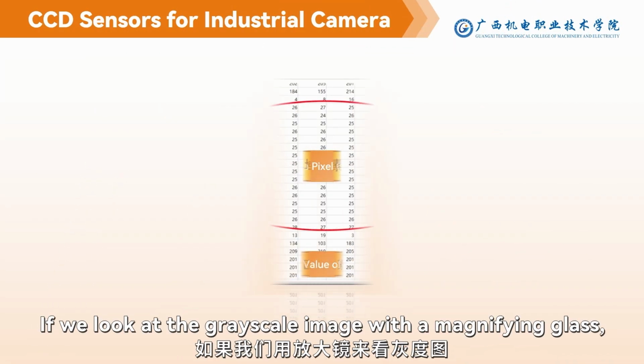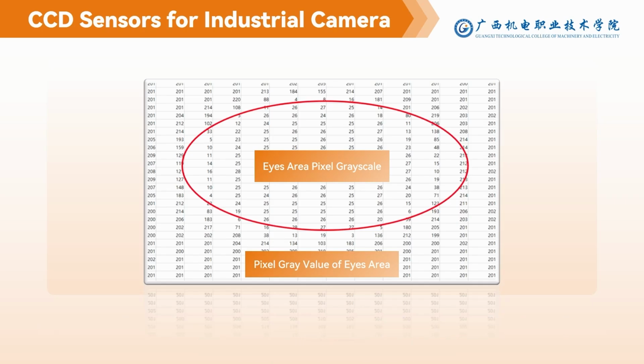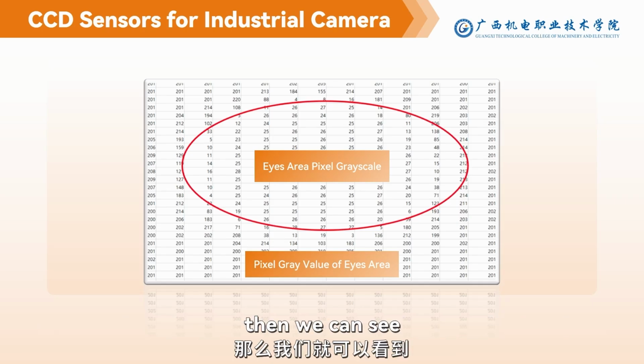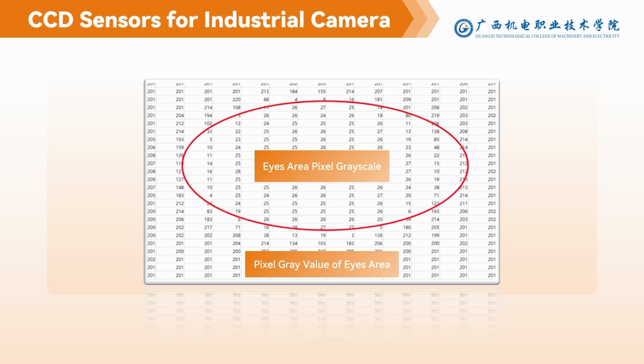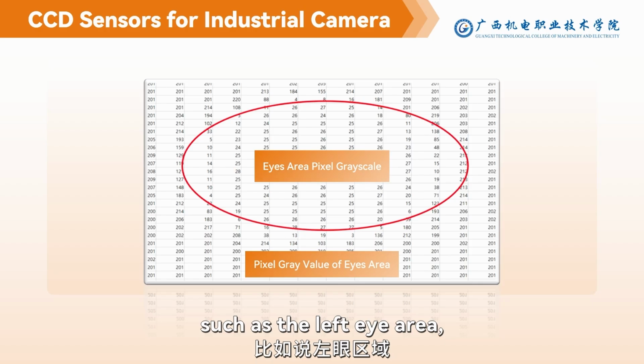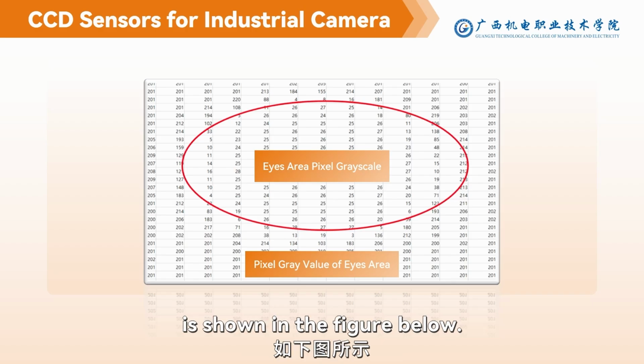If we look at the grayscale image with a magnifying glass, then we can see the specific value of a certain image area, such as the left eye area, and its corresponding area value is shown in the figure below.